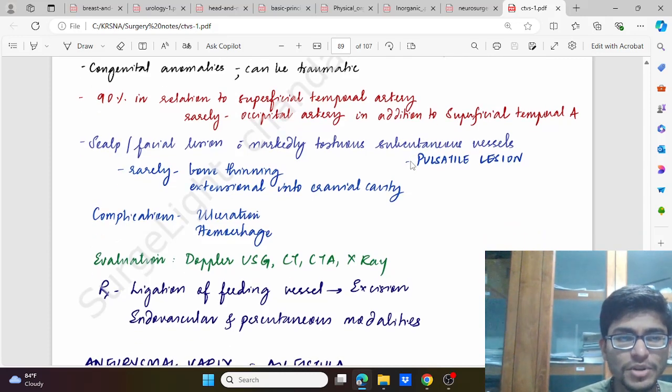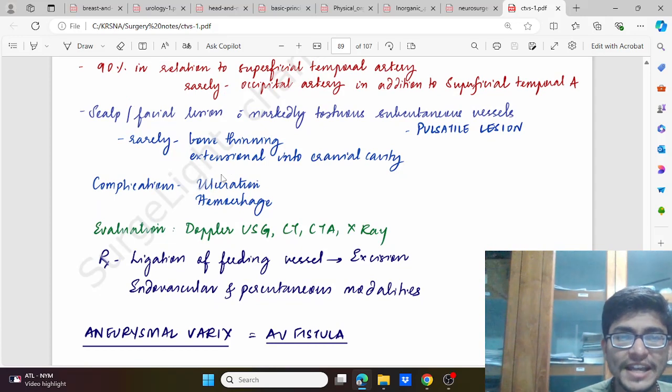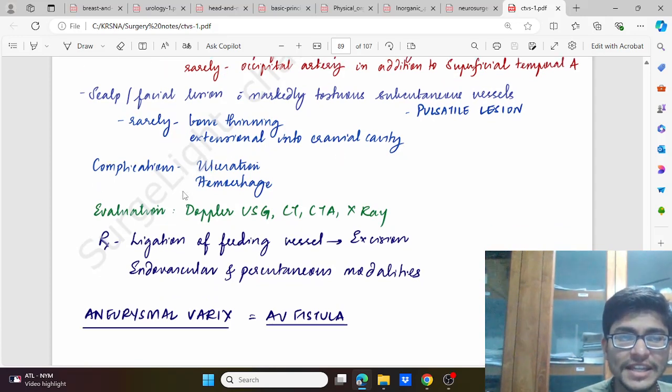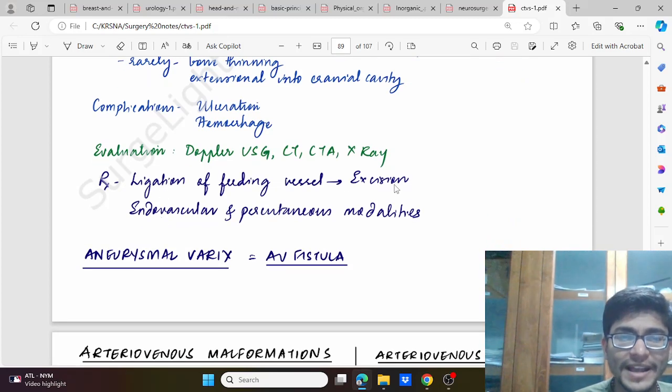Along with the superficial temporal artery, scalp and facial lesions, marked tortuous subcutaneous vessels which are pulsatile. Rarely they can cause bone thinning and extension into the cranial cavity. Complications are ulceration and hemorrhage. Evaluation with the help of Doppler, ultrasound, CT angio and X-rays. Treatment will be ligation of the feeding vessel followed by excision, or endovascular or percutaneous modalities of therapy.